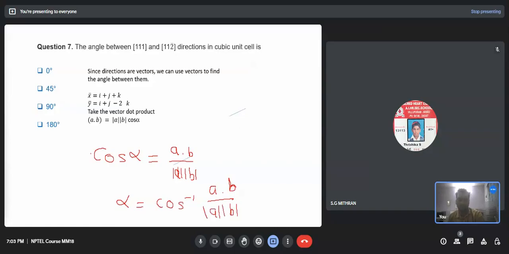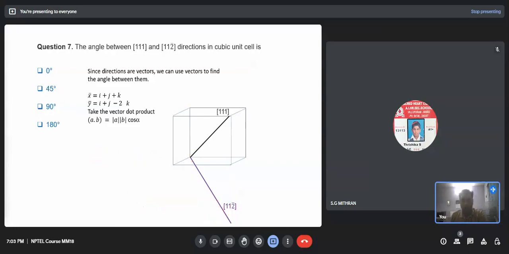Here we have to calculate for a cubic unit cell and the direction is given. The angle we have to calculate is alpha. So for alpha calculation we have to do cos inverse of a dot b upon mod a times mod b.